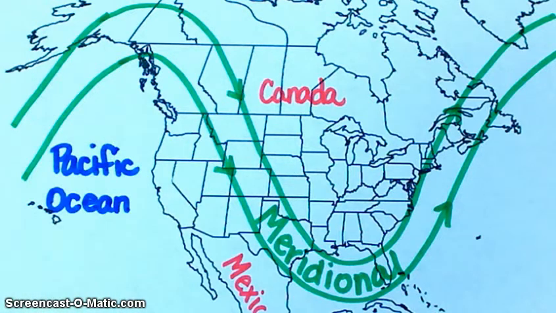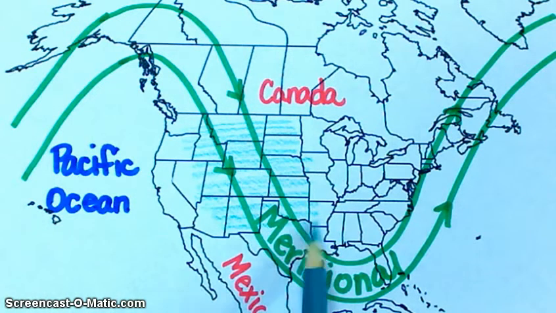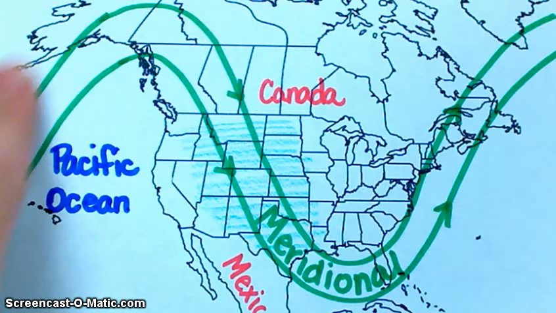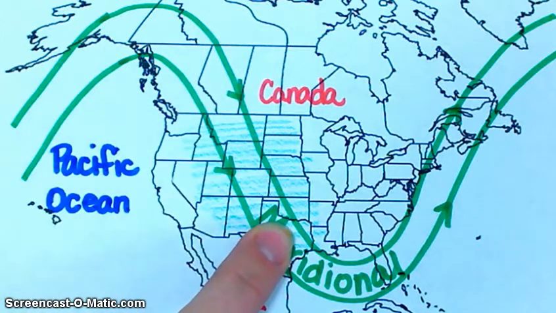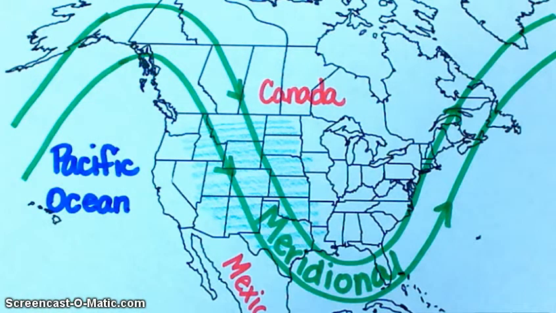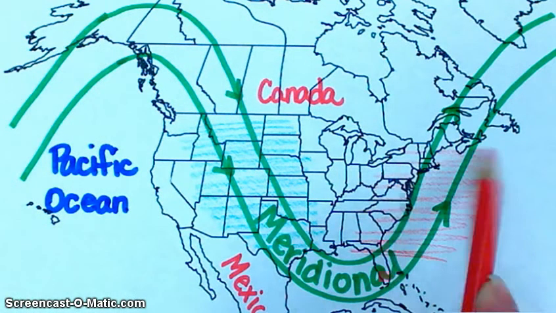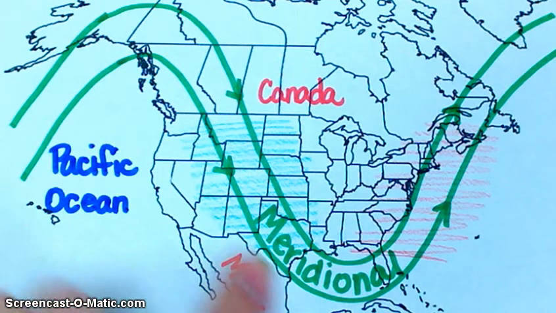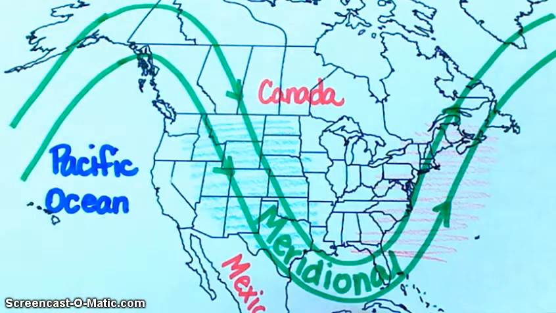You can see that this area of the United States is receiving air from Canada, so probably cold air. And this area of the United States, up the East Coast, is receiving warm, moist air from the Gulf of Mexico. It's just because we have more waviness in a meridional pattern.